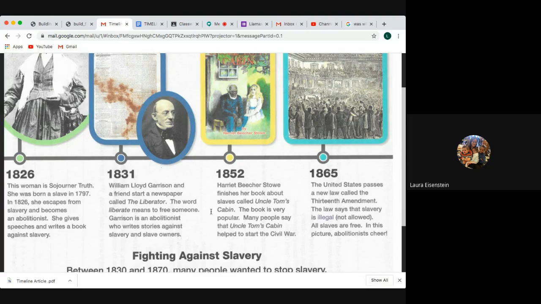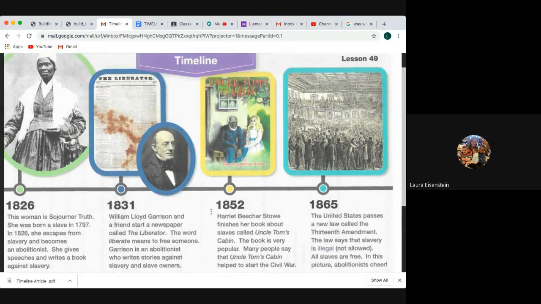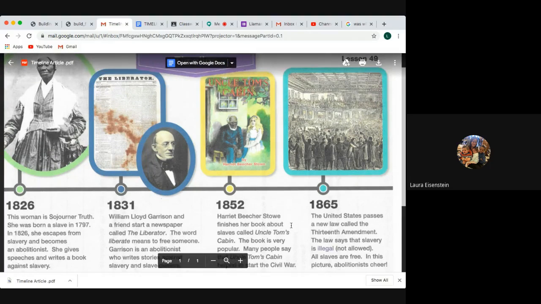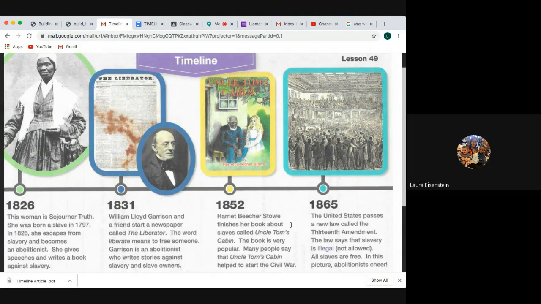The book is very popular. Many people say that Uncle Tom's Cabin helped to start the Civil War. So this was a very important book that helped to change a lot of people's minds about slavery, and they feel that it was one of the reasons why the Civil War got started.